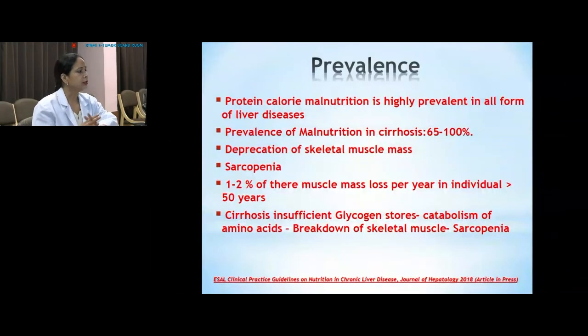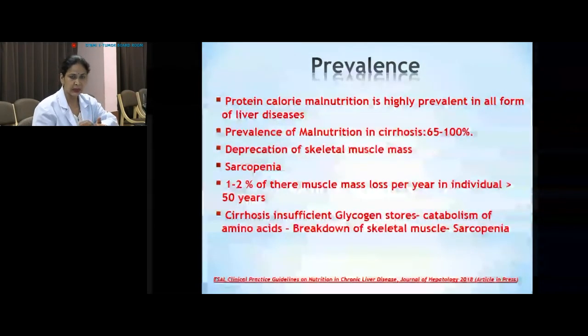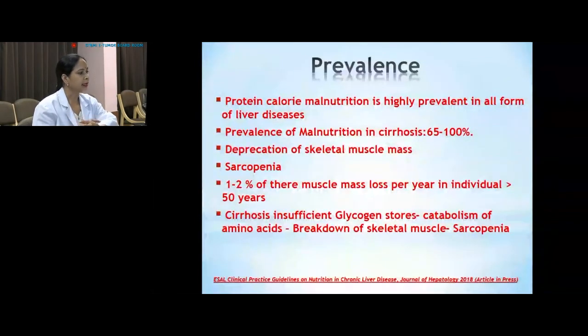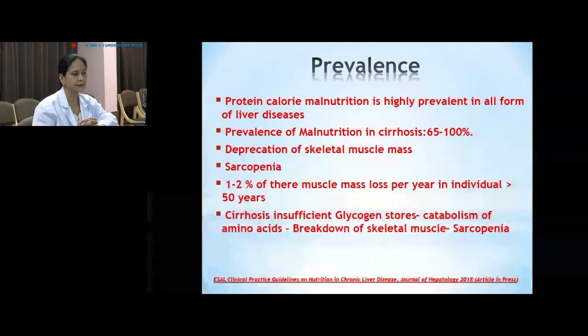It appears in different forms, like decreased skeletal muscle mass and sarcopenia, with 1 to 2% muscle mass loss every year, more so when the patient is over 50 years. In DCLD the symptoms or features may not be so high, but muscle mass loss of 1 to 2% every year can be seen. In cirrhosis, there is insufficient glycogen storage, catabolism of amino acids, and breakdown of skeletal muscle mass in the form of sarcopenia.